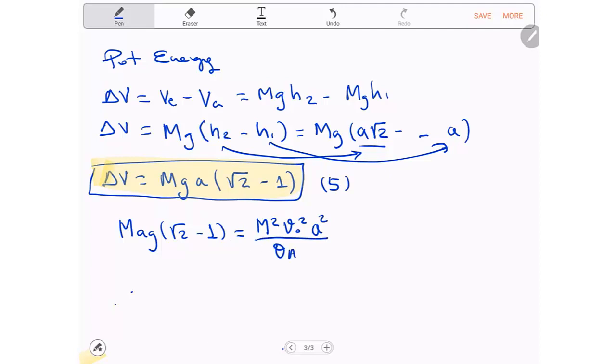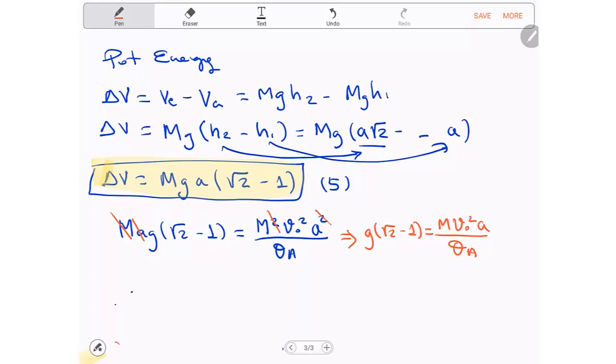Let's simplify this equation. This mass with this mass, a with this a squared, and doing that, we get g times root 2 minus 1 is equal to m v0 squared a divided by theta a.